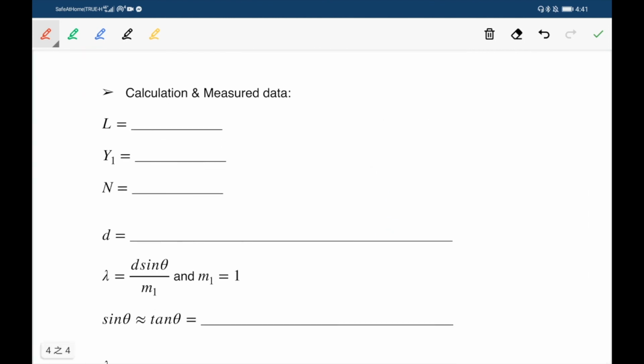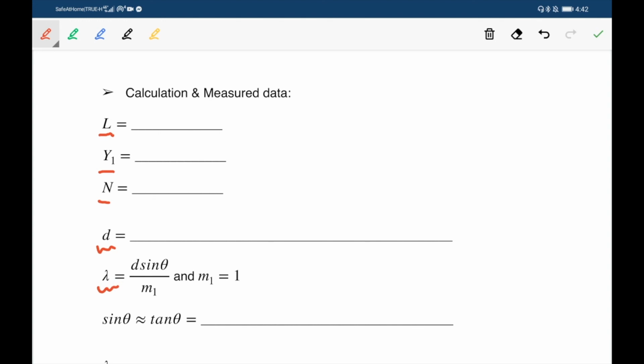We're going to the experiment part. I've already told you what L we use, and y1 I show you, and you need to read it. I will mention it again in the experiment part video, and it's 80 lines per millimeter. Then you use the formula to calculate D and lambda.